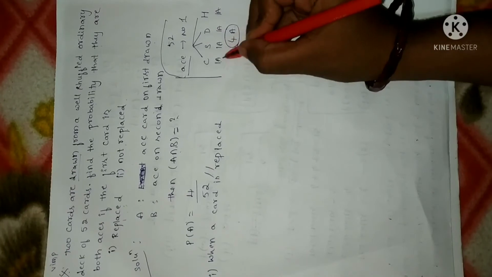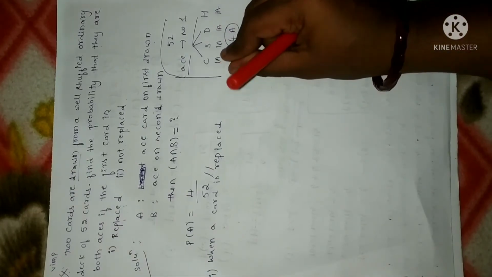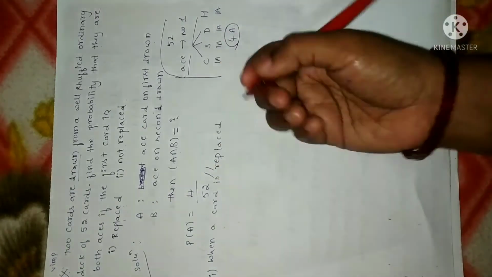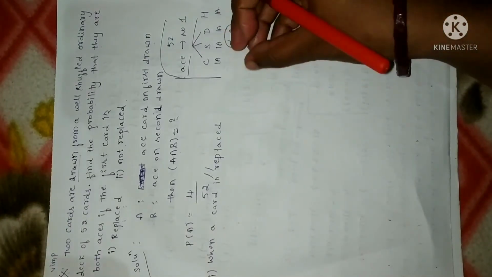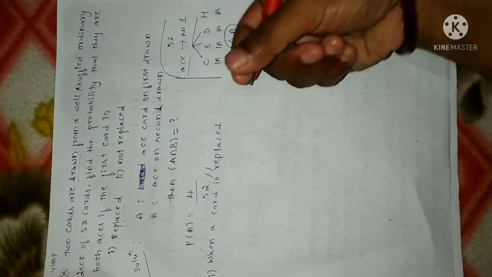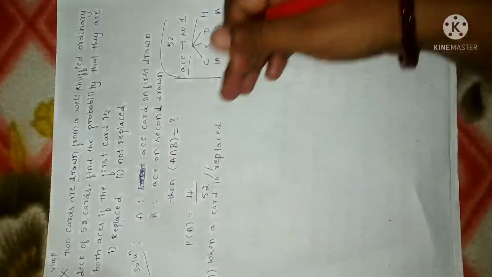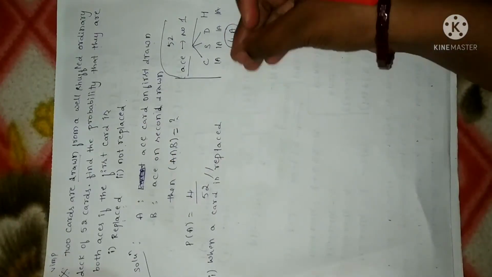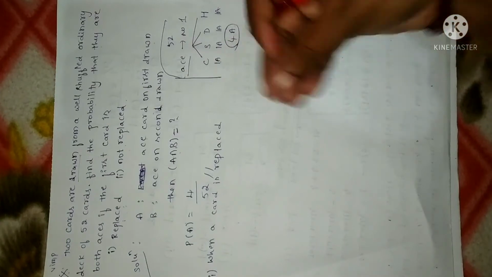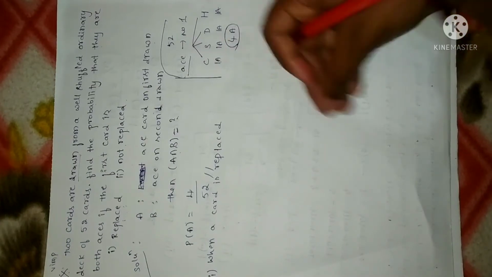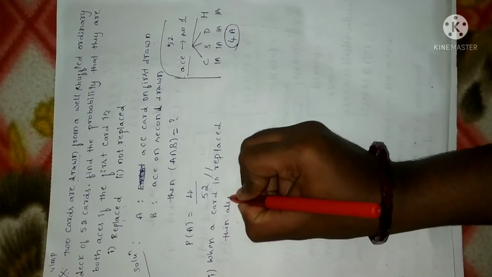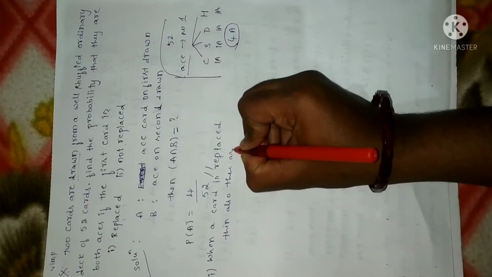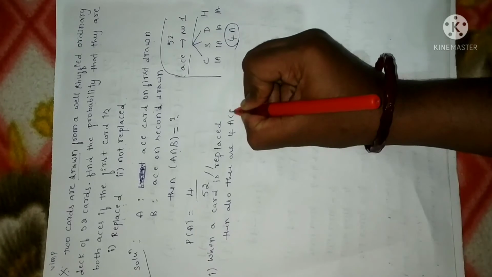Either you can shuffle this or you can keep it as it is. When you replace the card, how many cards are there? Again you will have the same number of cards, right? Why? Because you're replacing it. You're keeping it back again. Not replaced, in the sense, means you are not keeping it back. Fine. So since you are replacing the card, when a card is replaced, then also there are 4 ace cards out of 52 cards.